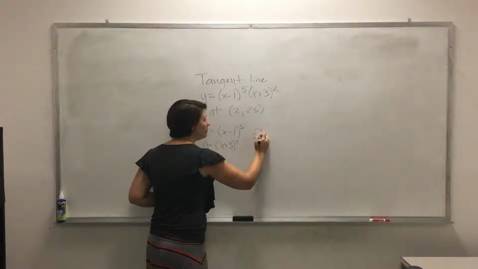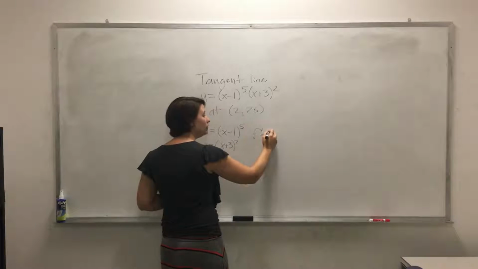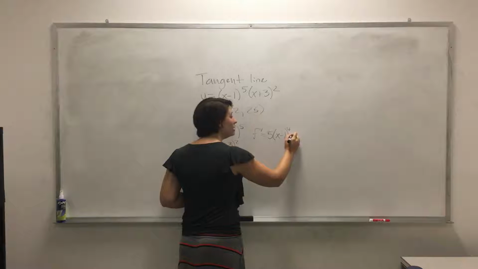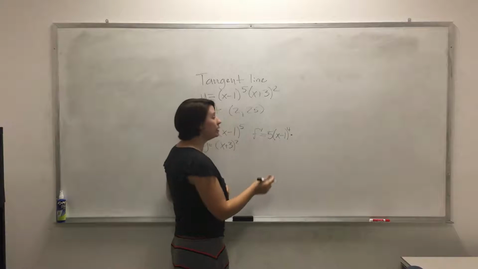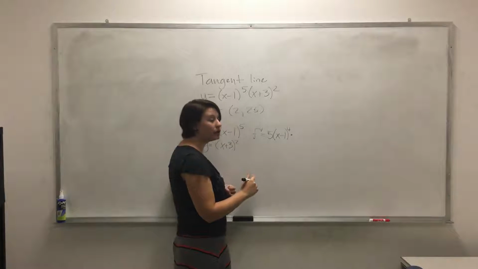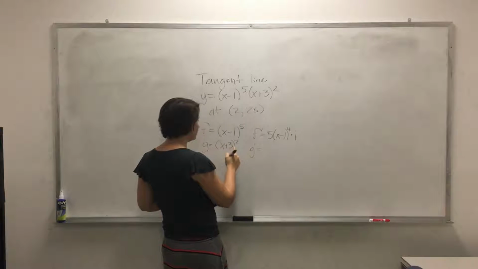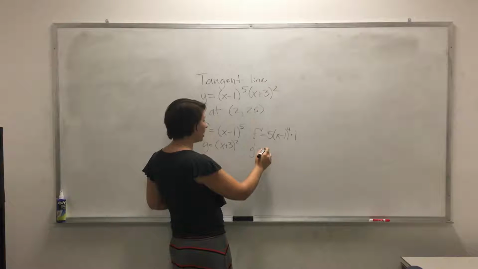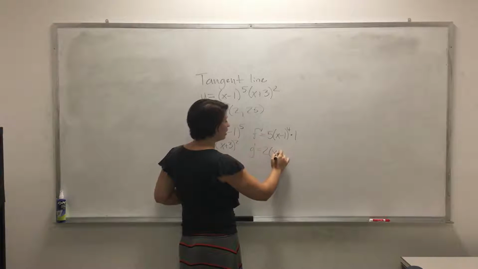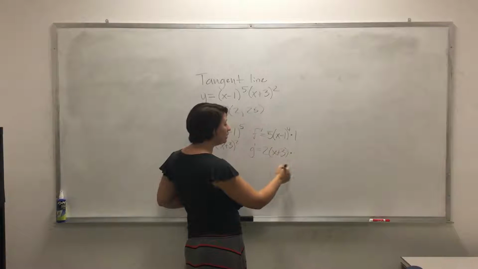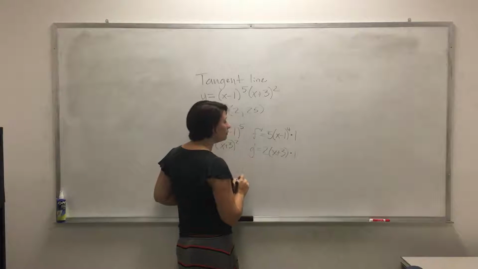So f prime is, bring the power down, 5, leave the inside alone, (x minus 1) to the 4th, times the derivative of the inside. The inside here is x minus 1, so the derivative is just 1. g prime is, again, start out by bringing the power down, 2, (x plus 3) to the 1st, times the derivative of the inside, which is, again, just 1.